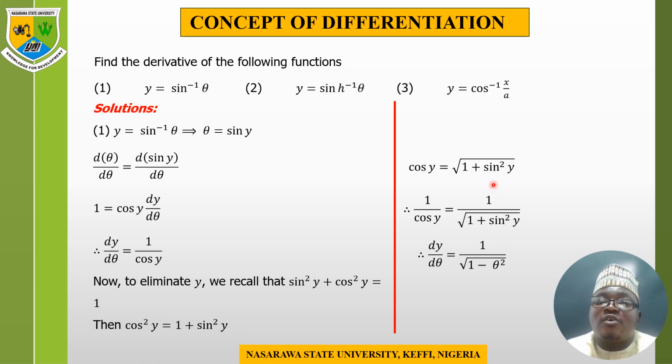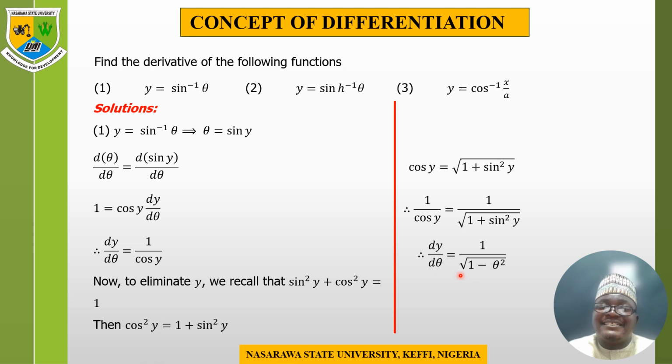Then when you take the square root, there is a minus here. Then coming down to replace cos y, you are going to have 1 all over cos y, and cos y here is this. When you correct it, it's minus here.